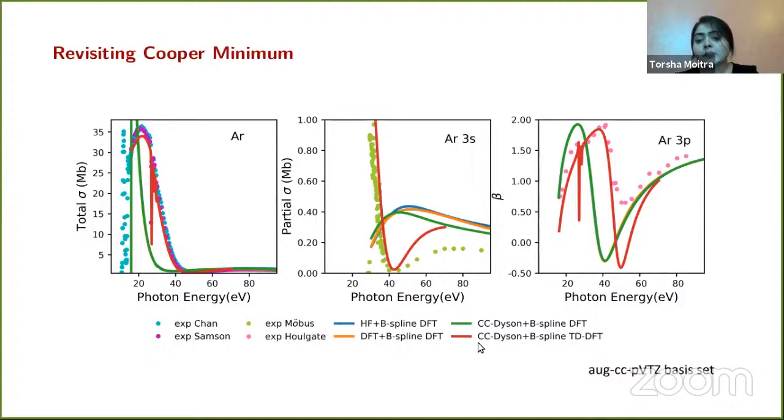This is shown by the maroon lines, which use coupled cluster Dysons for describing the bound part and B-spline TDDFT for the continuum description. We see that the shift that was observed for B-spline DFT by the green lines here is now removed. Also, we are able to capture the minimum in the partial photoionization cross-section of argon 3s.